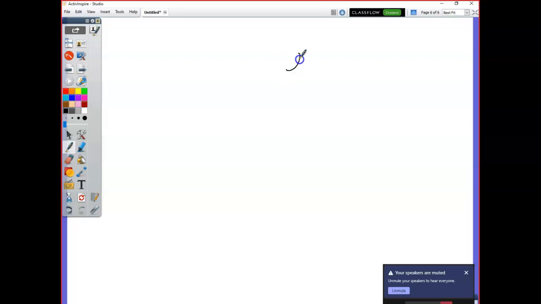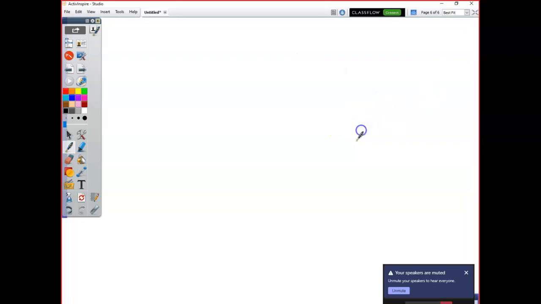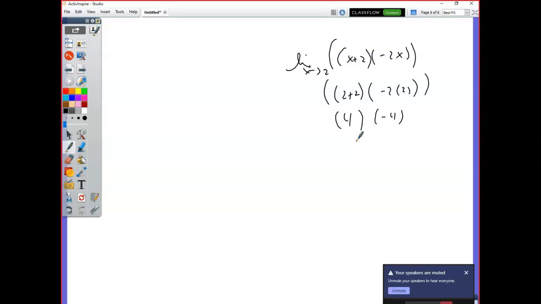All right, next one is the limit as x approaches 2 of x plus 2 times negative 2x. How would you approach this problem? Plug in 2. The first part. And the second part. So you take the limit of the first part, you get 4. Take the limit of the second part, you get negative 4. And then what do you do with the 2 things when you're done?